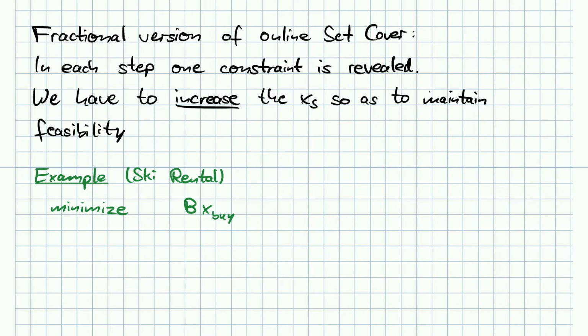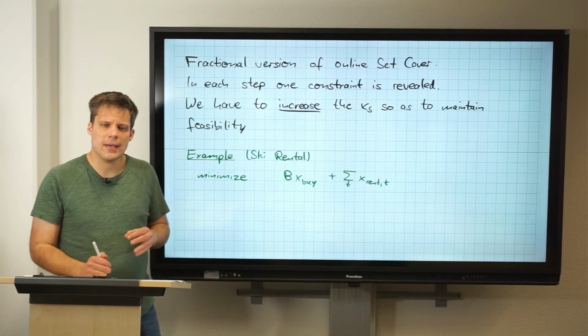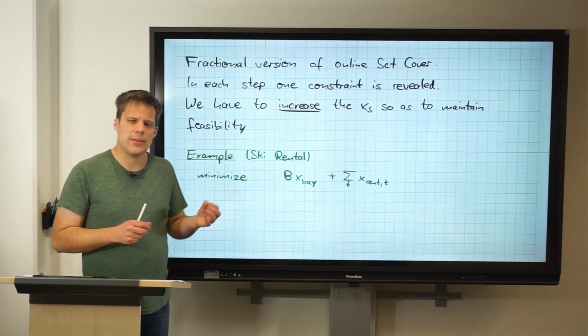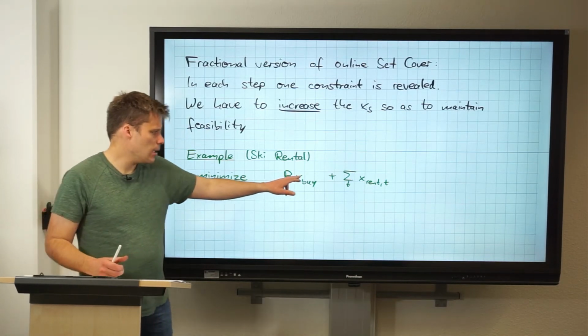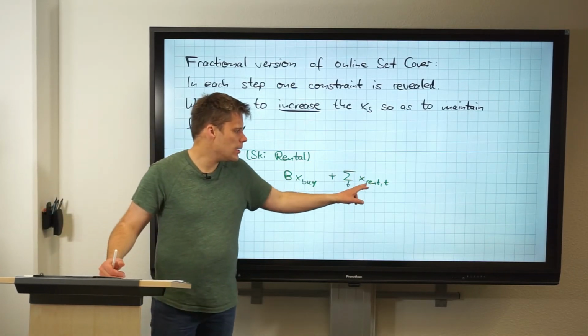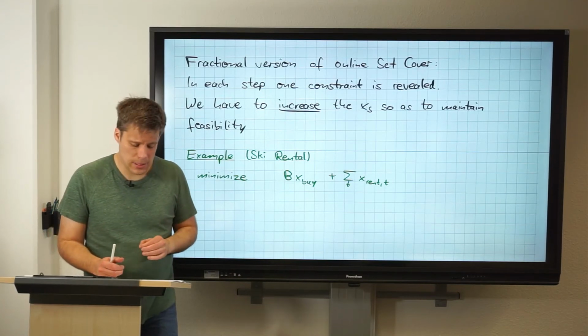Namely, I now have variables which are called x_buy and x_rent_t, and you capture this exactly the way we saw earlier. So this would correspond to the set which covers the whole universe. This would be the set that covers only element t.